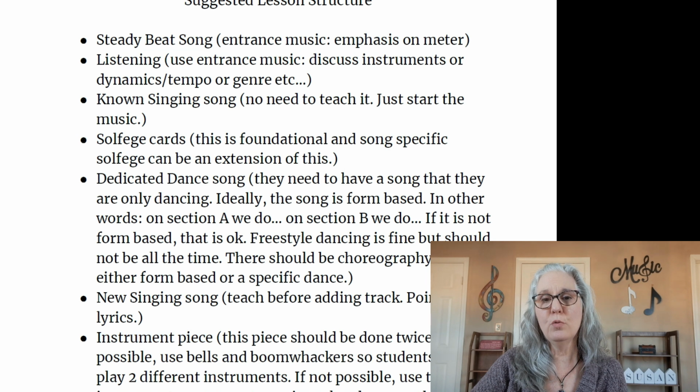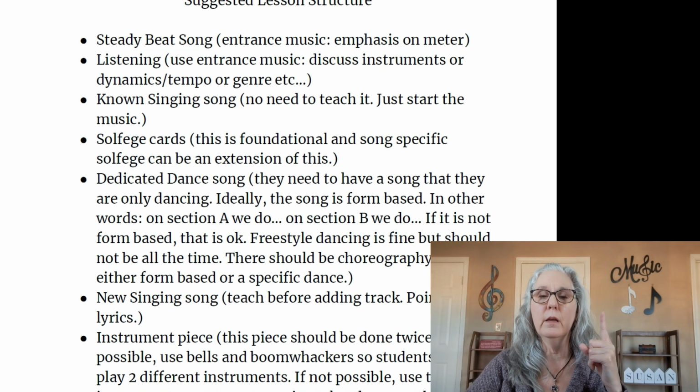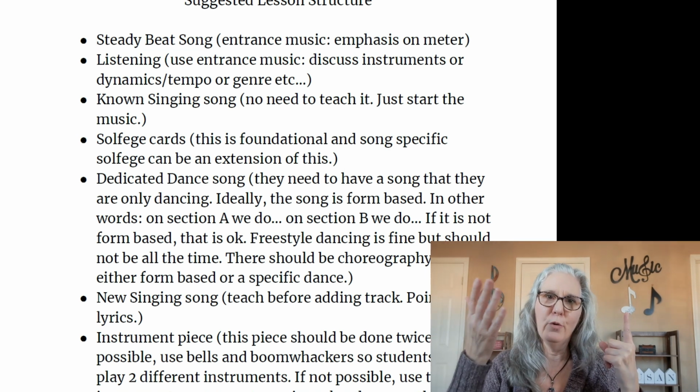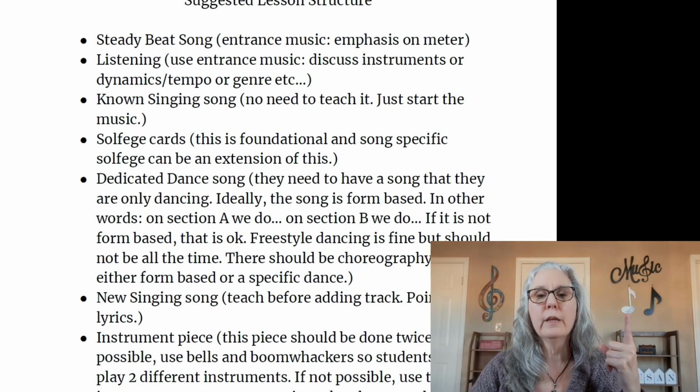I'm not taking the new singing song and playing it as an instrument piece. Really, this is song A. So the steady beat song and the listening song are the same. So that's one song right there. And by song, I mean musical piece. You know what I'm talking about.